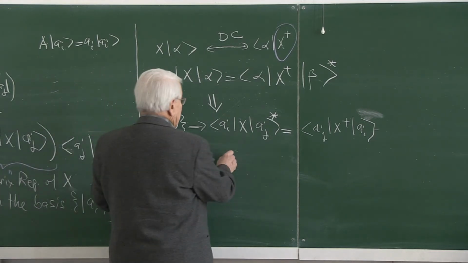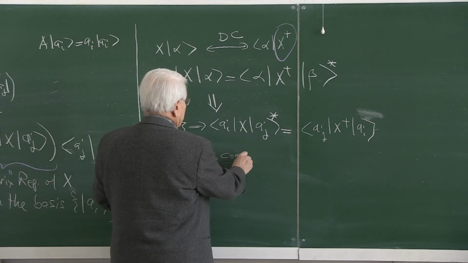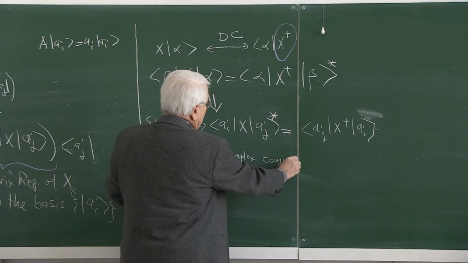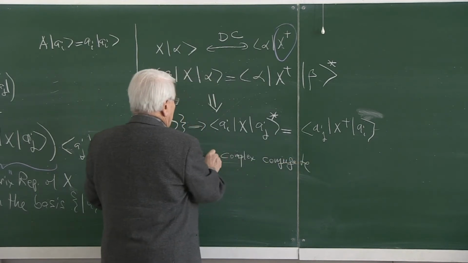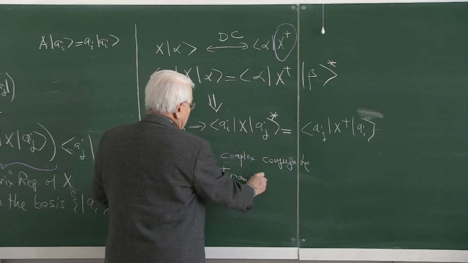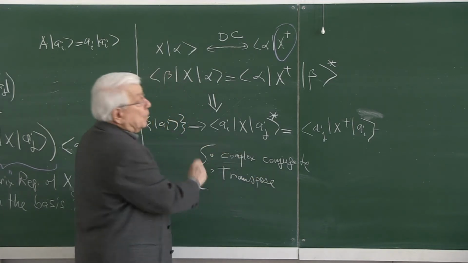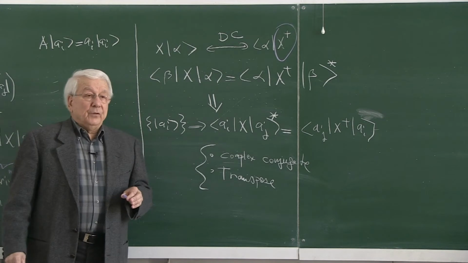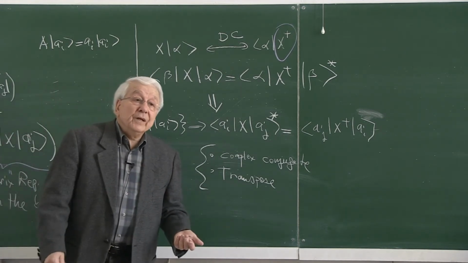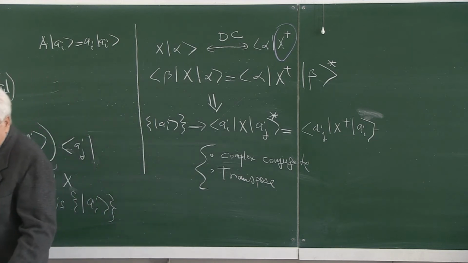So you take the complex conjugate and transpose together of the matrix element of an operator, and you get the matrix elements of the corresponding Hermitian adjoint operator.